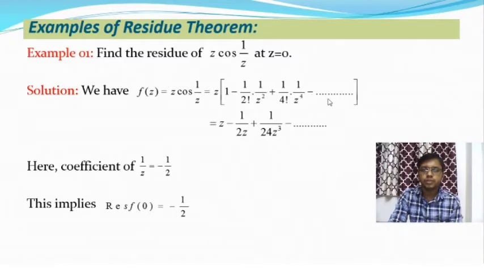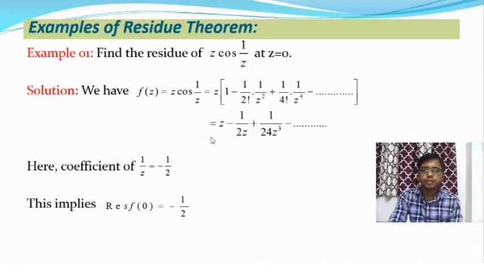Okay, so in an infinite series there are infinite number of terms. So now we multiply by z on this series, we'll get the first term is z, minus the second term 1 by 2z, third term 1 by 24 z cube, and so on.